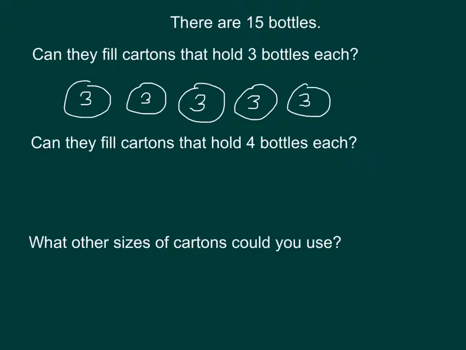And 5 cartons holds a total of 15 bottles. So looking at that, 3 times 5 equals 15. 3 and 5 are both factors of 15.